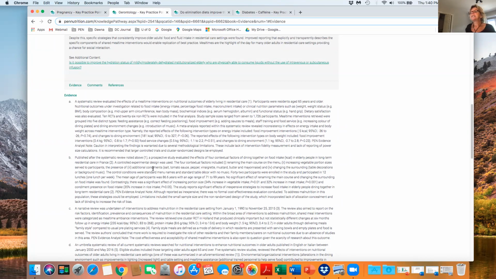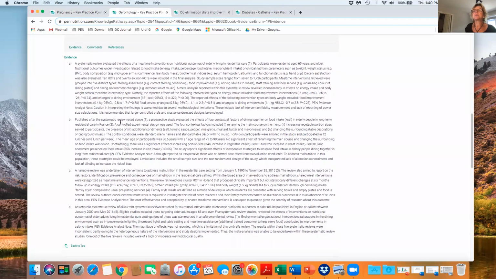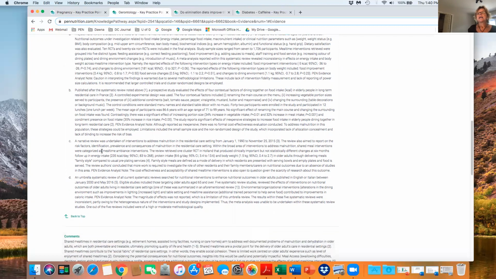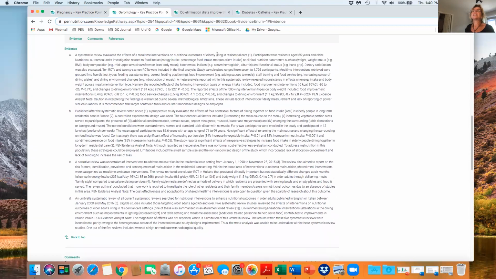But they chose to include a study that was published after the review that looked at the effects of dining together and used a controlled design. They've also included a narrative review because it had particularly looked at shared meal interventions, which weren't included in the systematic review.